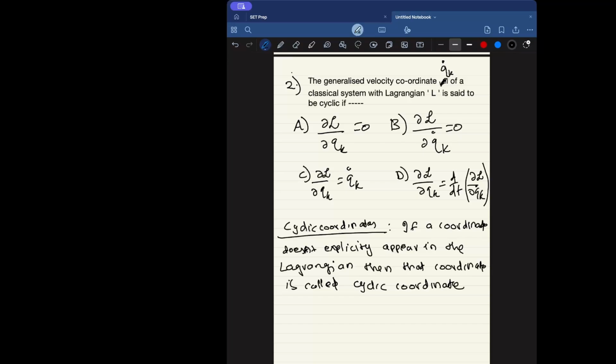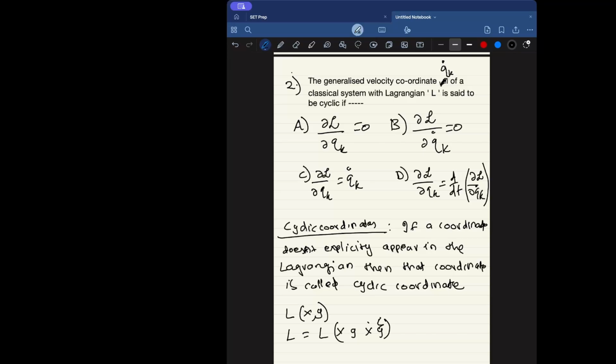So, a standard result. Suppose the Lagrangian is a function of two coordinates x, y. Then their velocities must also be included, so the Lagrangian will be a function of x, y, x dot and y dot.